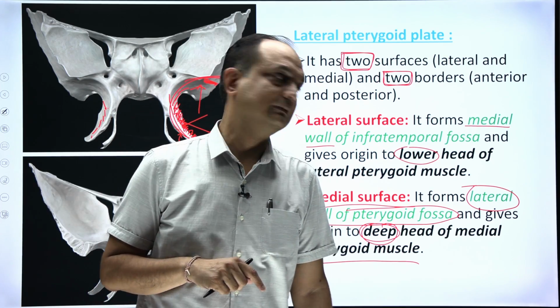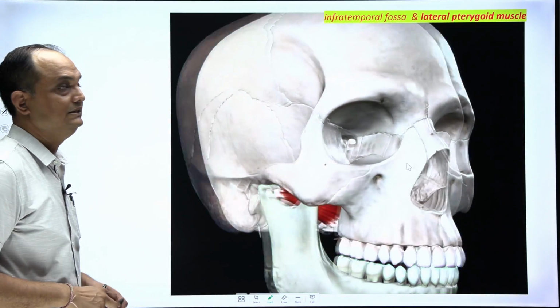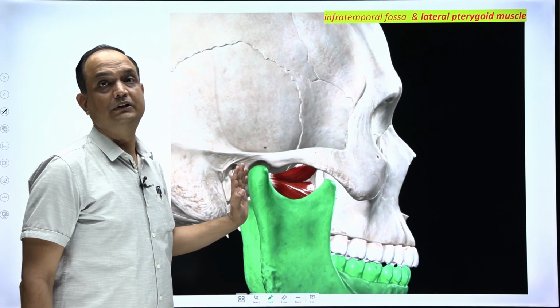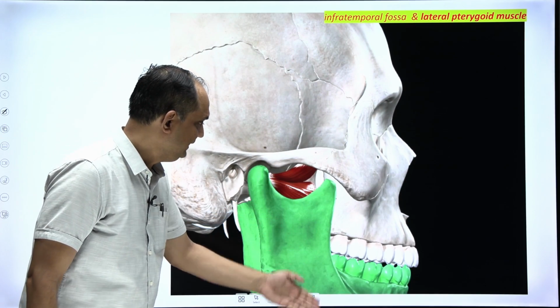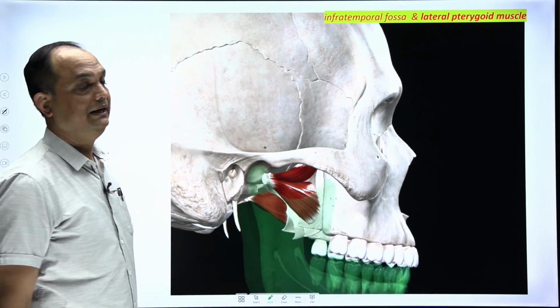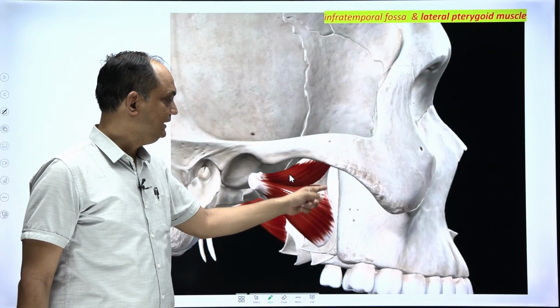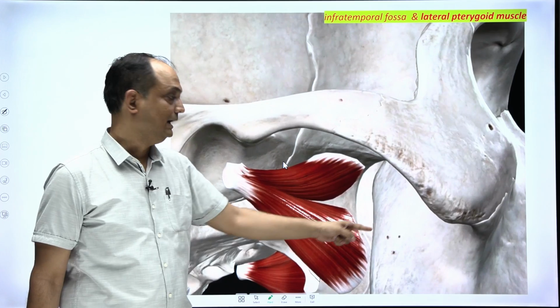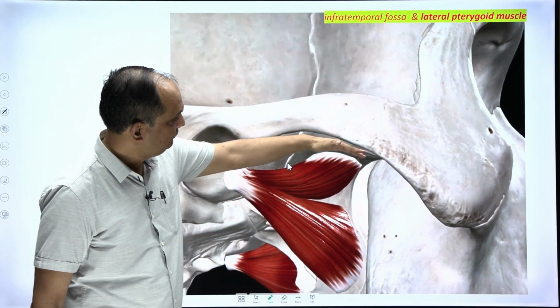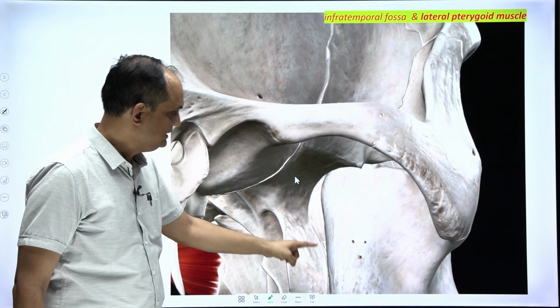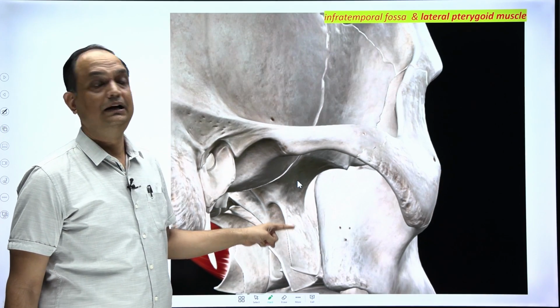Here in this video clip, you can see the same thing, that for proper exposure of the infratemporal fossa, we have to remove the mandible. Once you remove the mandible, you can see the whole infratemporal fossa, which is anteriorly bound by the posterior wall of the maxilla, and on the superior part you have the greater wing of sphenoid, and on the medial side you can see your lateral pterygoid plate.